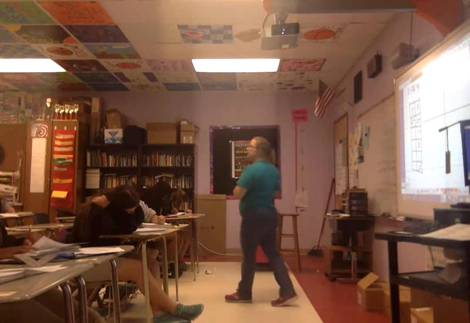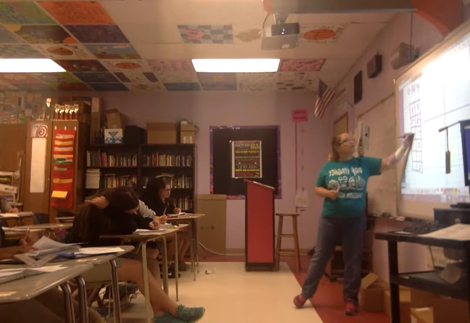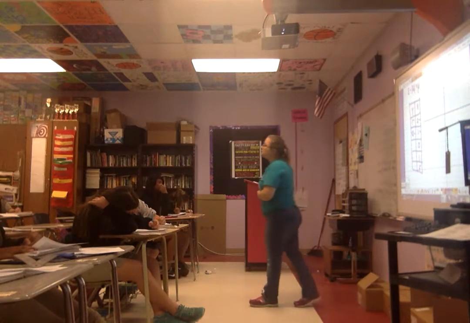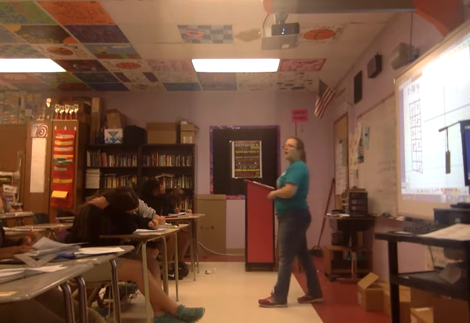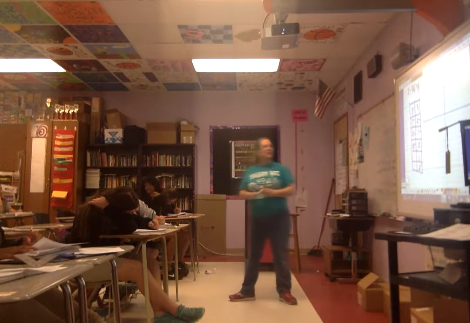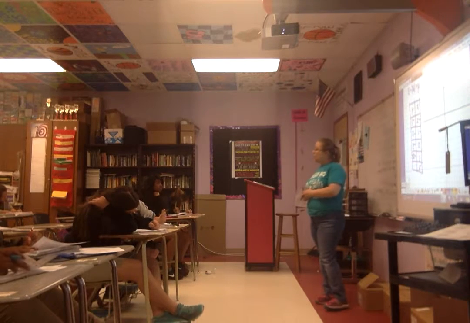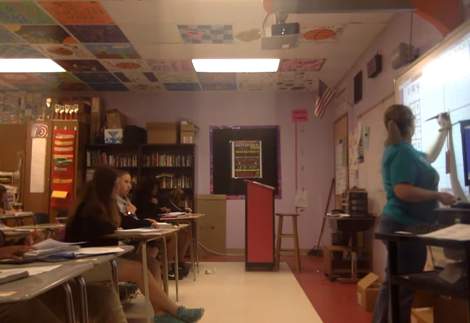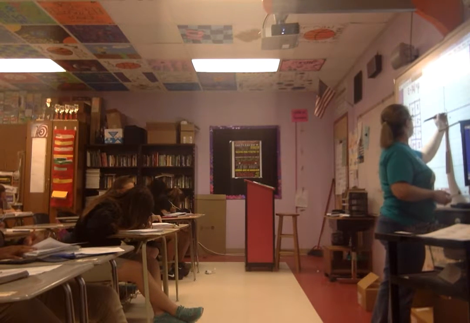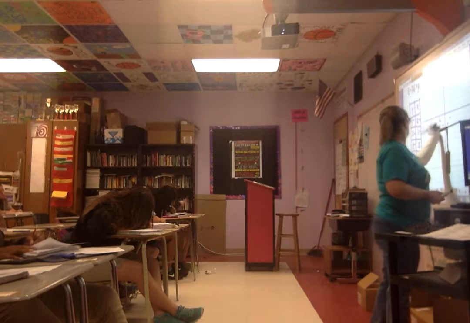Absolute value of -1 is 1. 1 minus 3 is -2. Absolute value of 0 is 0, minus 3 is -3. The absolute value of 1 is 1, minus 3 is -2. Absolute value of 2 is 2, minus 3 is -1. Let's check it out. I have -2, -1; -1, -2; 0, -3; 1, -2; 2, -1.